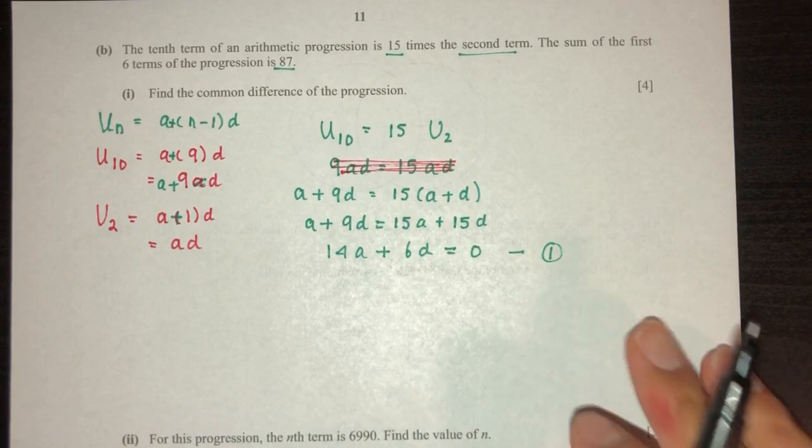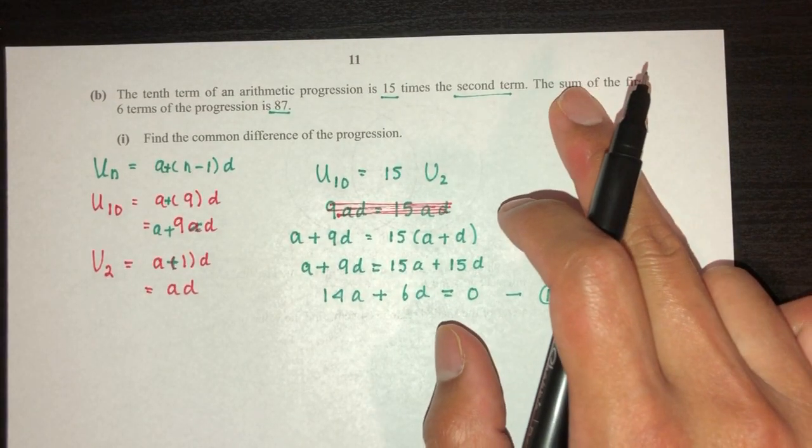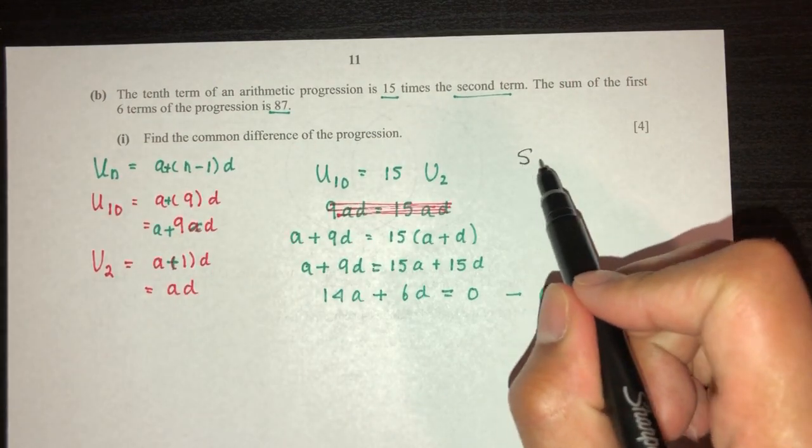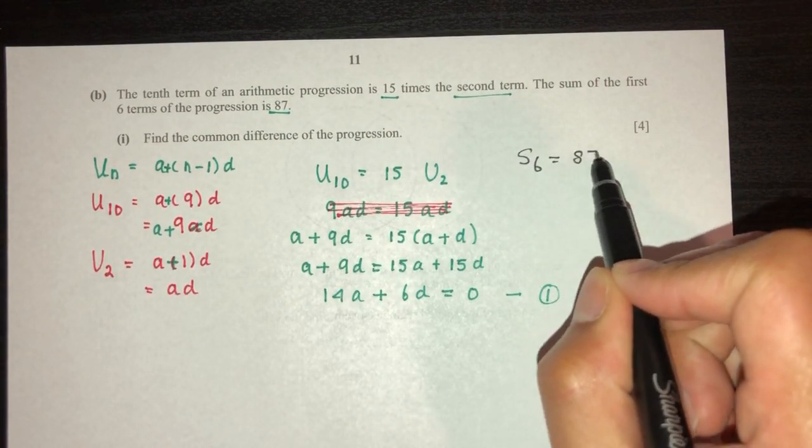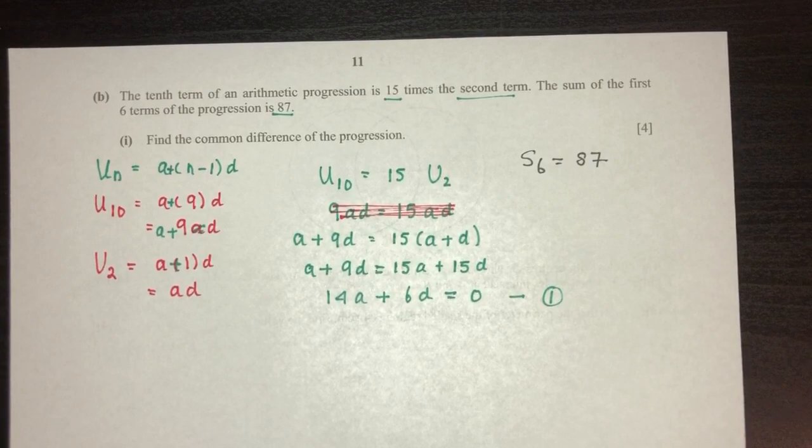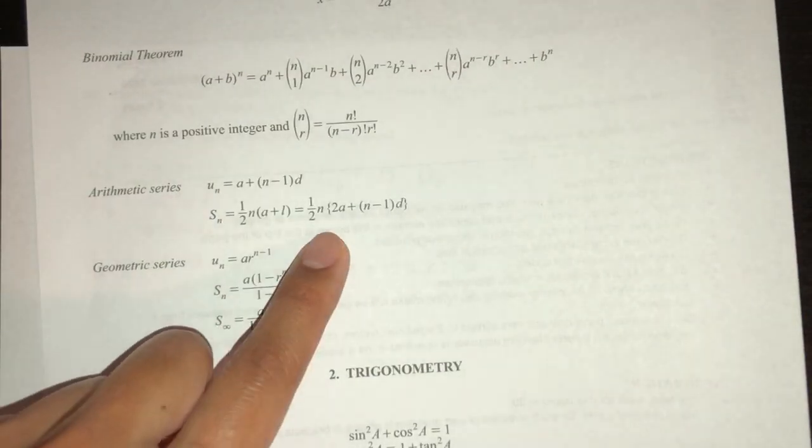Now what is our equation number 2? We have to look at this one. The sum of the first 6 terms is equal to 87. So going back to your formula sheet, you have to use this one.